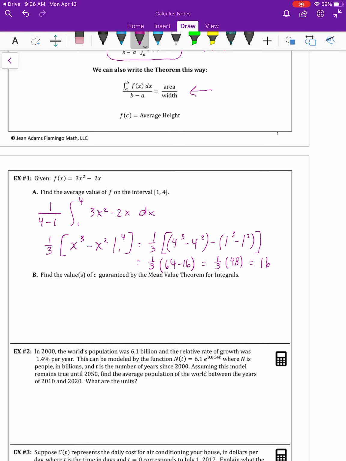So I would have said the average population of the world between 2010 and 2020 is approximately 7.532 billion people.